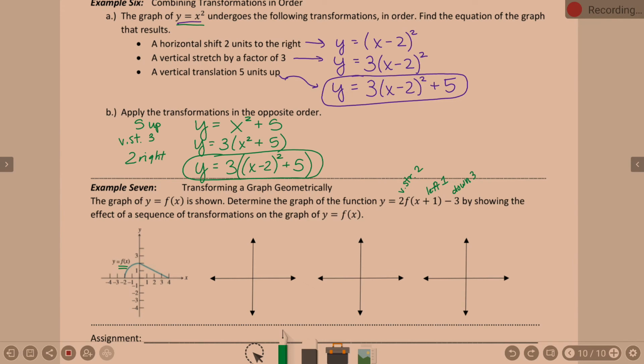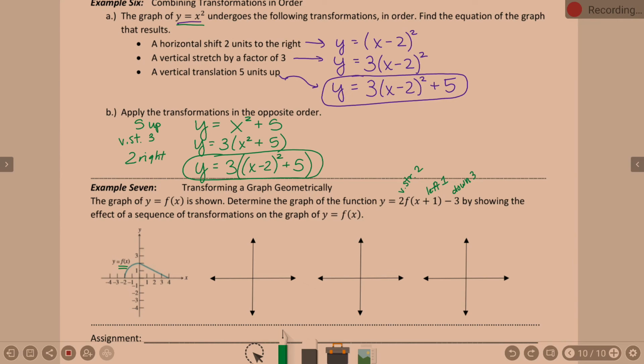Now, order. There's some flexibility, but there's also some right or wrong. I like to compare it to order of operations. You want to start closest to the x.